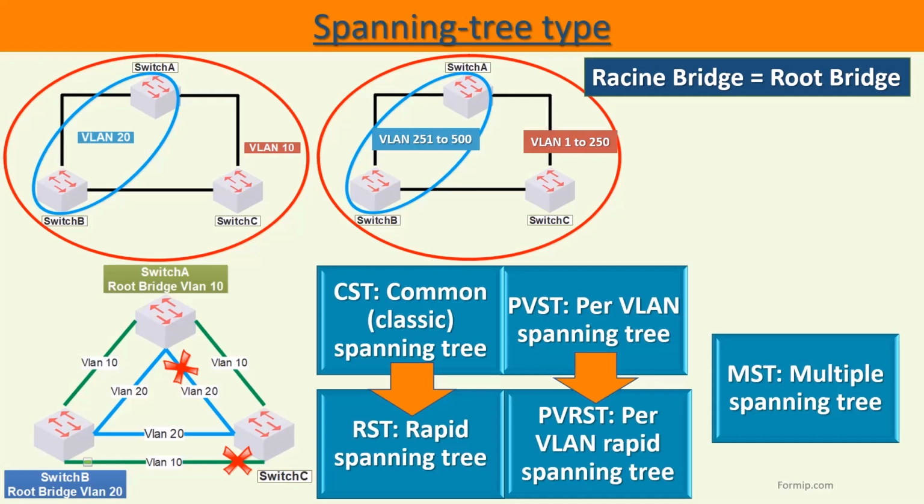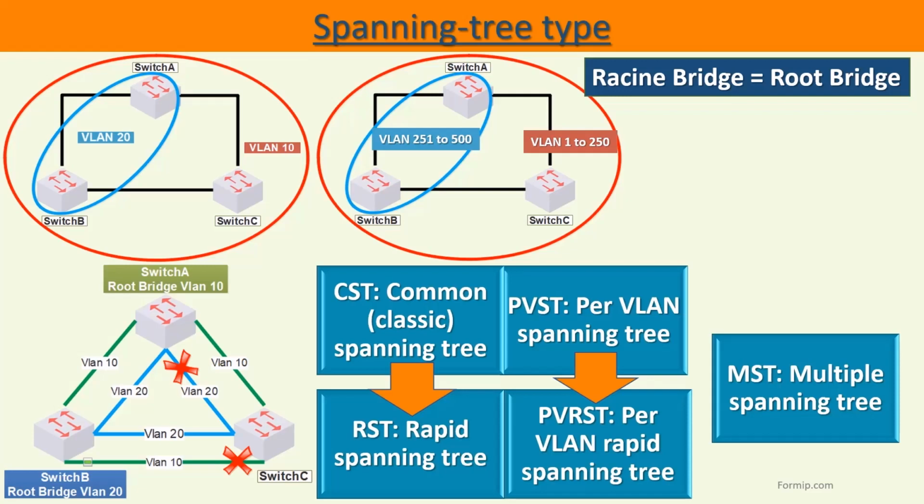Here, VLANs 1 to 250 have been configured on all switches, and VLANs 251 to 500 are configured only on switches A and B. Is it really useful to do a spanning tree calculation for each VLAN? This would represent 500 spanning tree calculations, which would overload the switch unnecessarily.